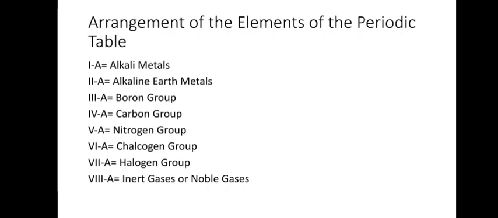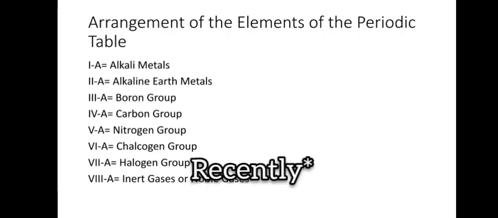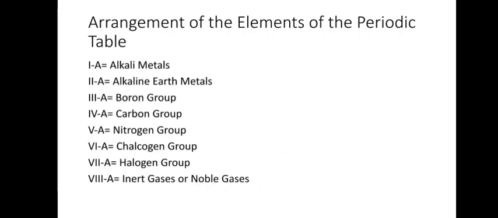We have helium, neon, argon, krypton, xenon, radon, and oganesson. Fun fact, oganesson was found recently, so it was added just recently. It used to be only 117 elements, but now they added oganesson, which is the 118th.